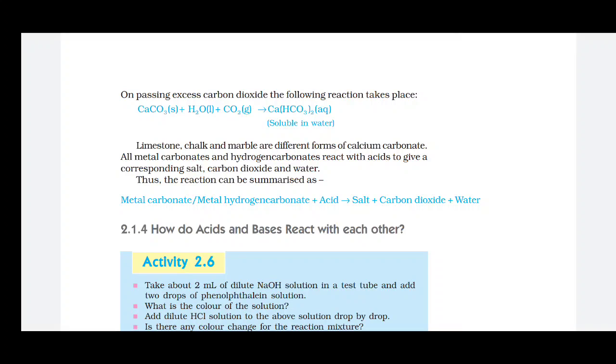All metal carbonates and hydrogen carbonates react with acids to give the corresponding salt. Here we are getting NaCl as a salt, carbon dioxide and water. So the general equation is: metal carbonate or metal hydrogen carbonate, when it reacts with acid, gives salt, carbon dioxide and water.